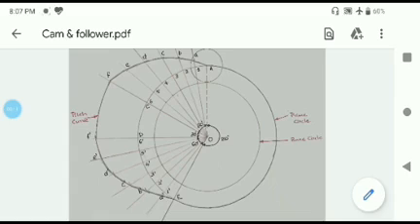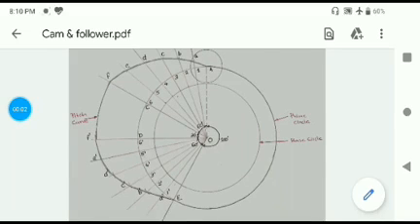You might have understood now that if it is a knife edge follower, pitch curve will be same as the cam profile. But in the case of a roller follower, pitch curve and cam profile are different. First, you draw the pitch curve, then from the pitch curve, we get the cam profile. Now we will see how to get the cam profile from the pitch curve.